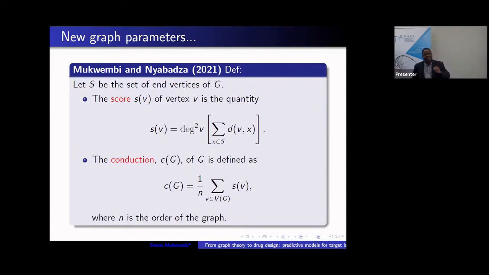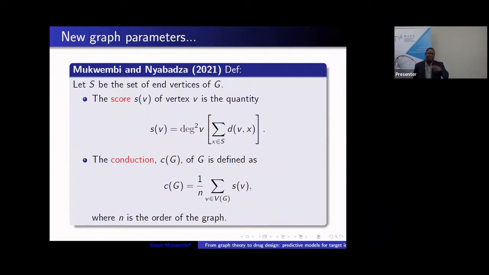So we then developed what we called a score of a vertex, and that was basically the sum of the distances between that vertex and all vertices of degree 1 in the graph, and then we multiplied that by the square of the degree of the vertex. When we say the degree of the vertex, we simply mean the number of edges that are incident with that vertex.